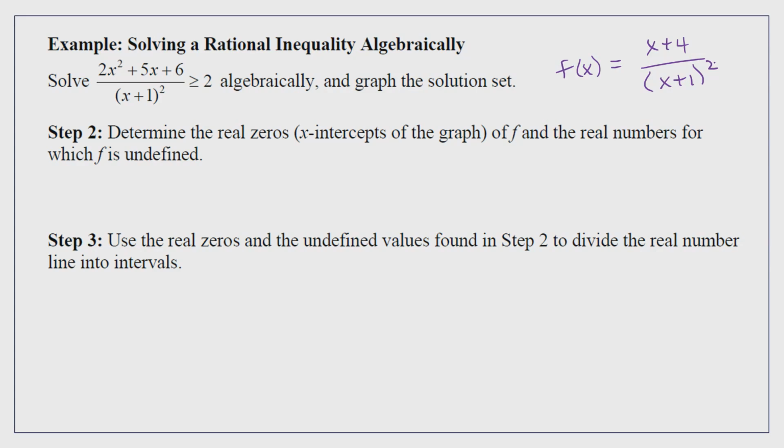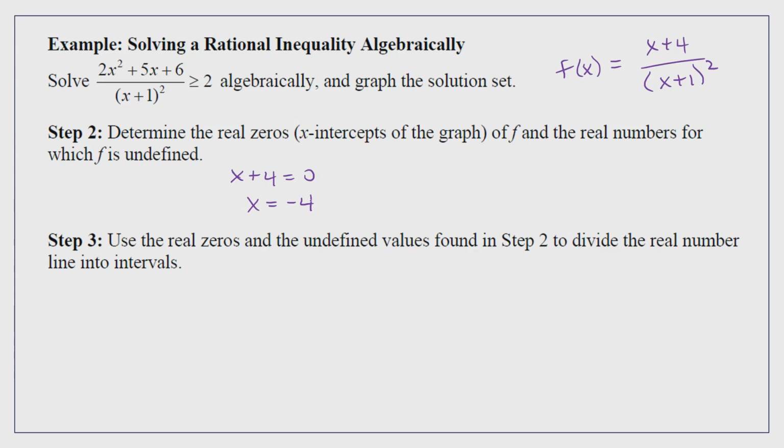Okay, so to find the x-intercepts, we're going to set our numerator equal to 0. So x plus 4 equals 0. So x equals negative 4.